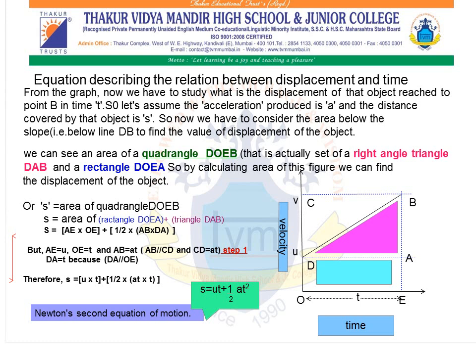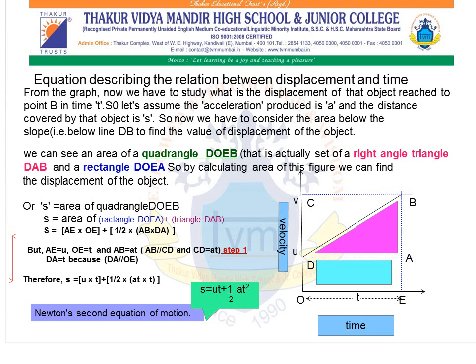And when we replace the values we get S is equal to area of rectangle AE into OE, because length into breadth, plus area of right angle triangle, which is half length into base, that is half into AB into DA.